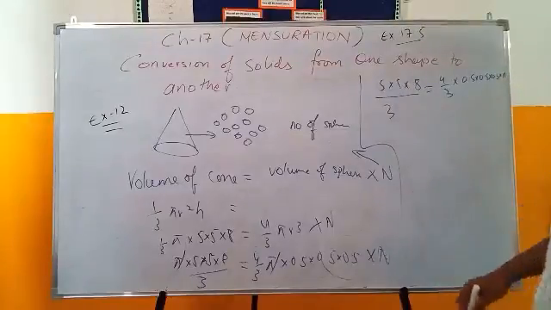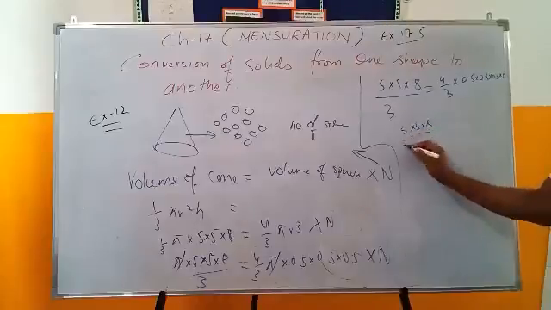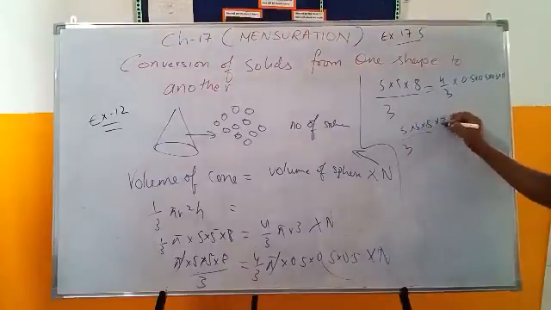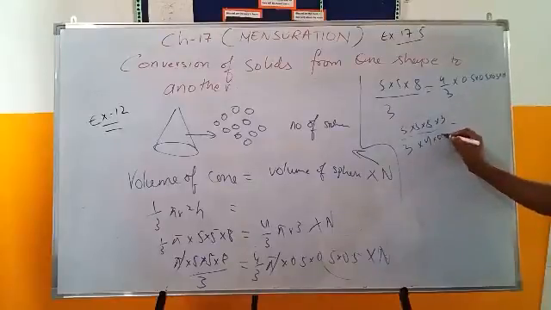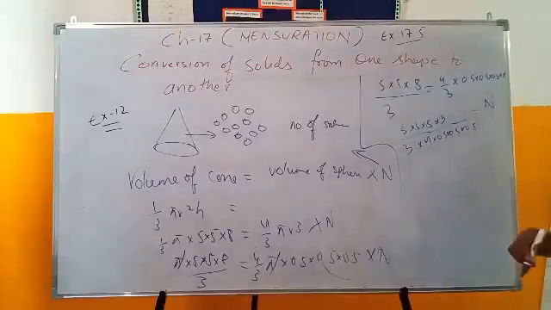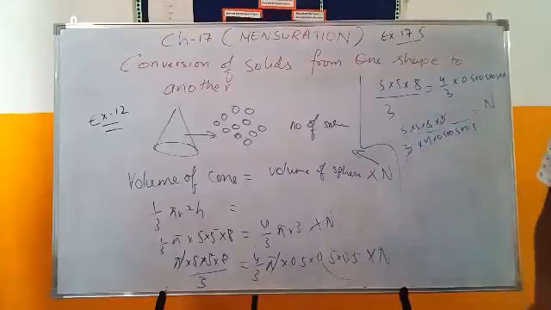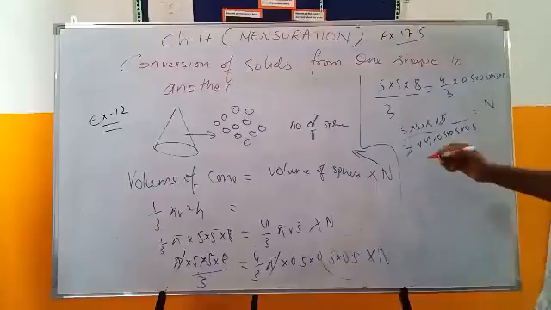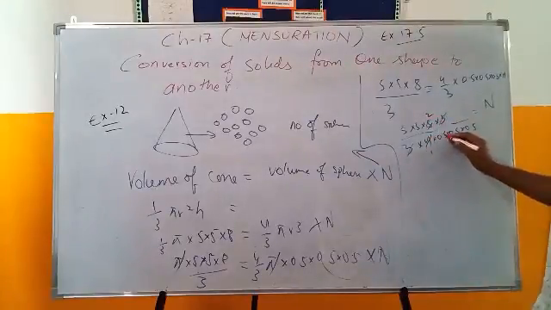I'll try shifting everything to one side. So 5 into 5 into 8 upon 3, 3 will go up, 4 will come down, and 0.5 into 0.5 into 0.5 will come down as well, equals what is left? n is left. So 3 and 3 can get cancelled out. Then 4 ones are 4, twos are 8.